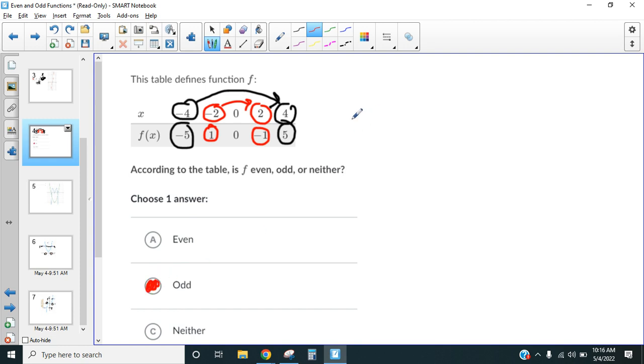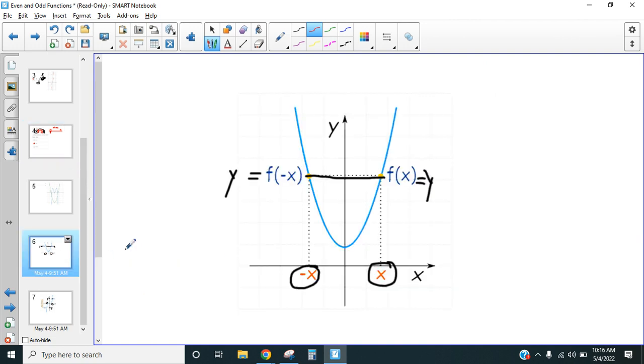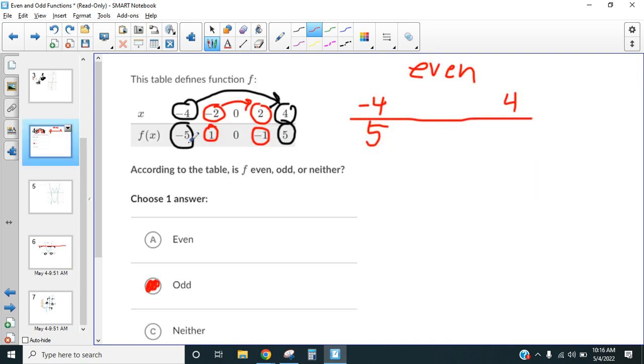What would the table look like if it was even? Well, -4 would be 5. What if it was even, I'm saying? If it was an even graph. Remember, an even graph will have the same y coordinates, right? The exact same. So if we plug in -4 and 4, they would both give us 5.